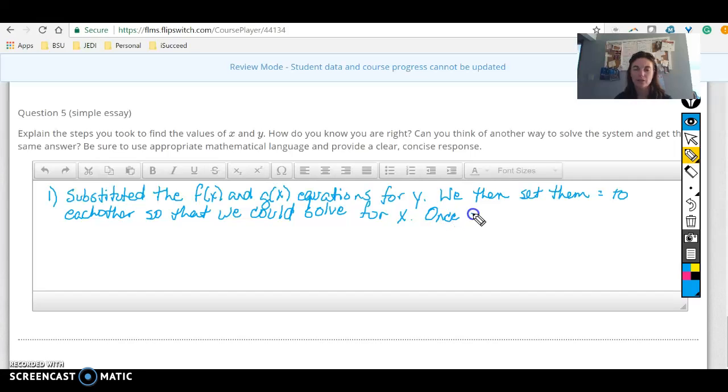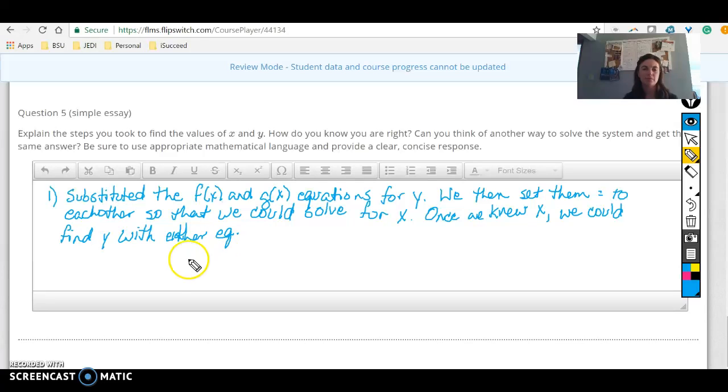Once we knew x, we could find y with either equation.